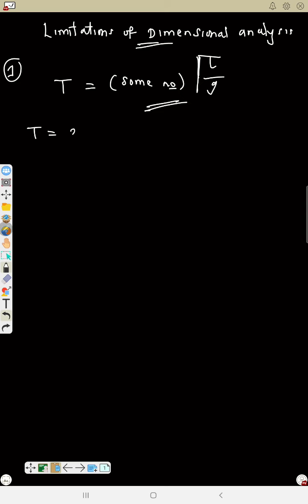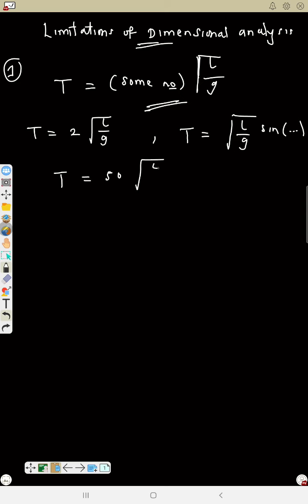The expression can be 2 root L over G, the expression can be T is equal to root L over G sine anything, or T is equal to root 50 root L over G, meaning this some number can be any number, as in we don't know what we can have there.